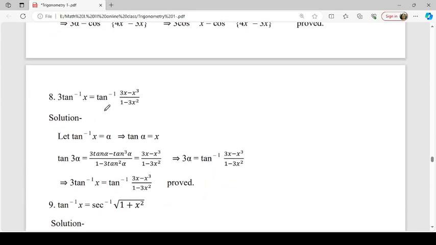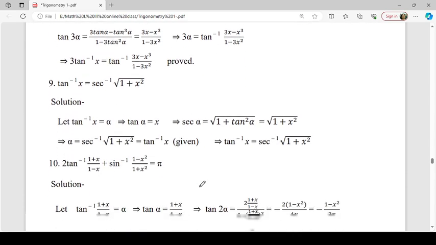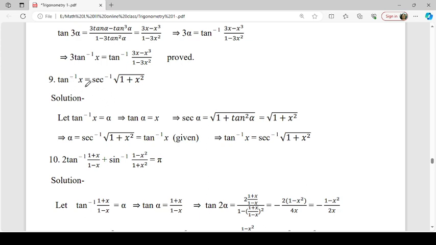Then same procedure, tan thrice alpha is this one, we are replacing tan alpha as x, and x cube, so 3 tan inverse x is this value. Then tan inverse x: here tan alpha is equal to x, then we write sec alpha.